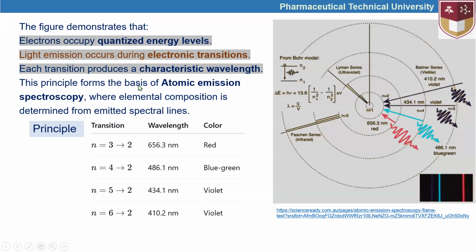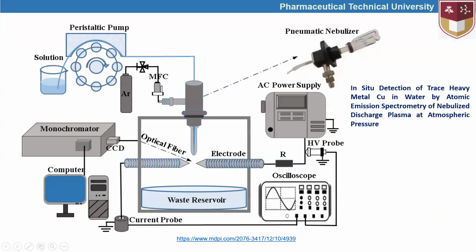This principle forms the basis of atomic emission spectroscopy, where elemental composition is determined from the emitted spectral lines. So based on these lines, we are able to identify the presence of atoms.